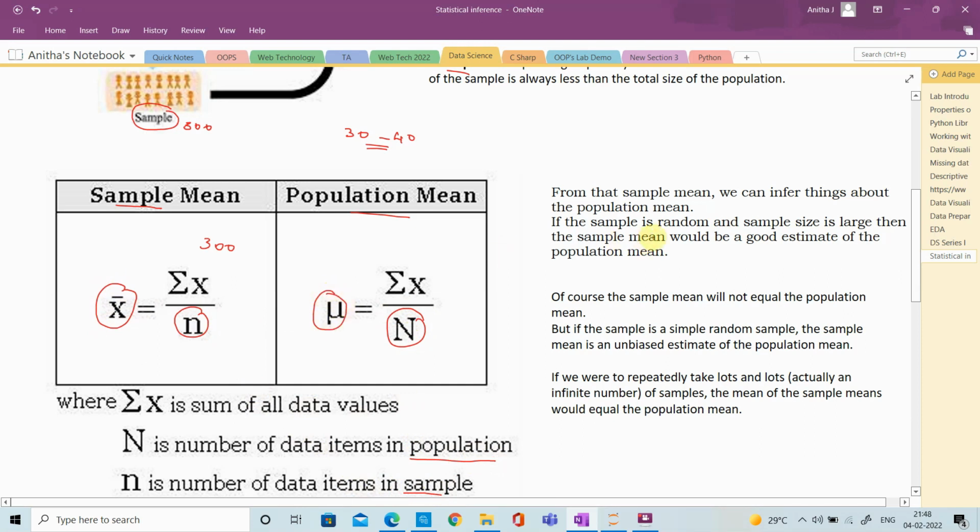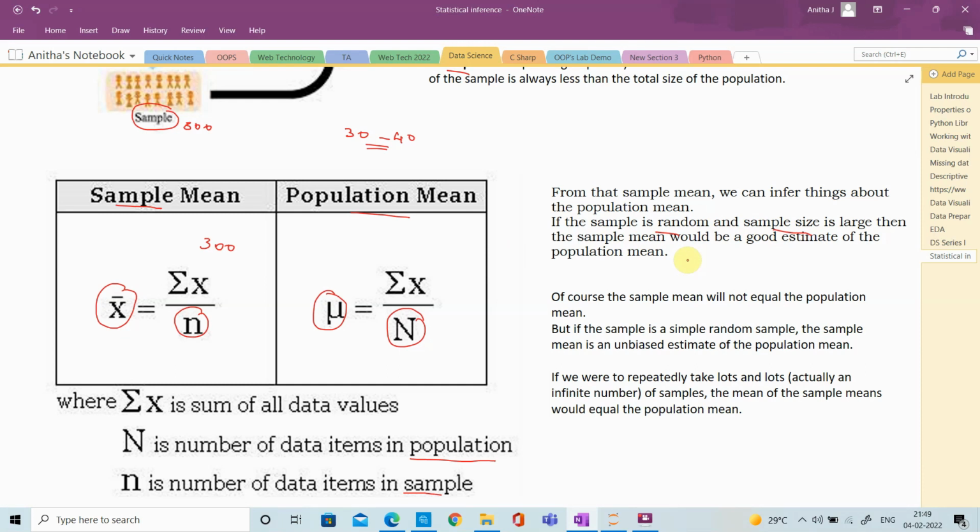Generally, if your sample is random and your sample size is large, then your sample mean will be a good estimate of your population mean. Actually, we don't know the population mean, so we calculate the sample mean, and from that we estimate the population mean.